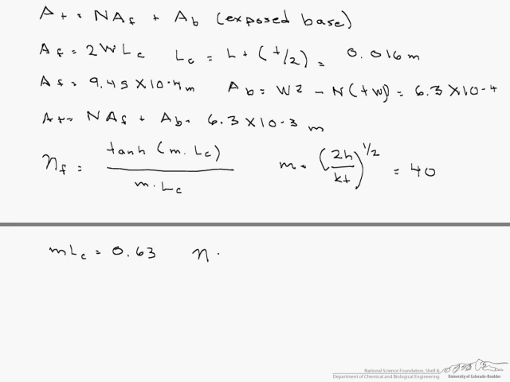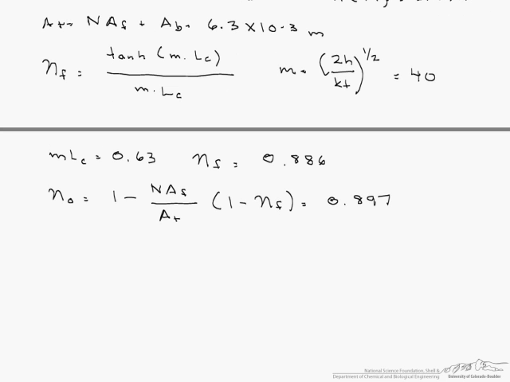When we put that into the equation for our eta sub f, we get 0.886, and now we have everything that we need to solve for eta sub 0, which again is 1 minus the number of fins times the area of the fin divided by the total area, times 1 minus eta sub f. And when we calculate that, we end up with 0.897.